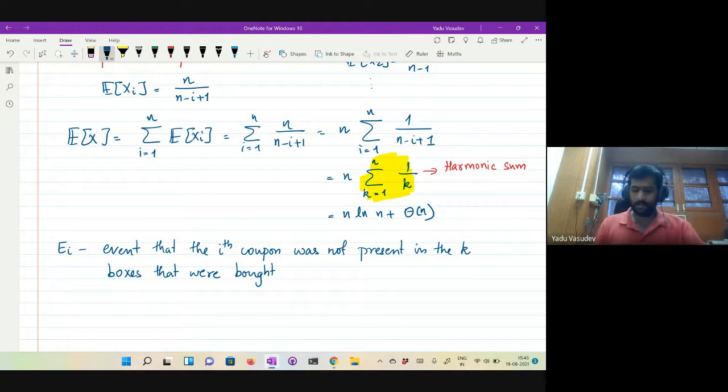Okay, so you buy k boxes. Let E_i be the event that the ith coupon was not present in any of these k boxes. Okay, so what is this probability?